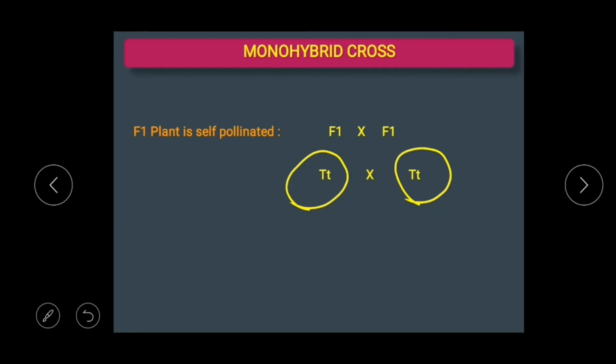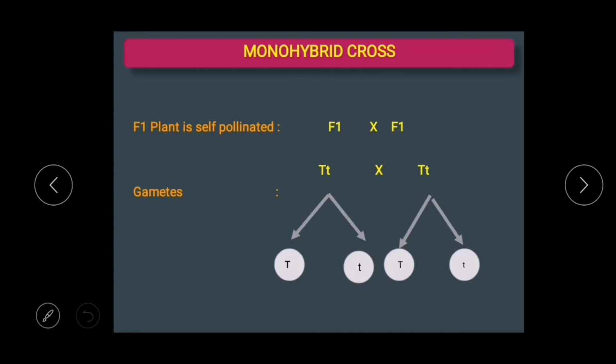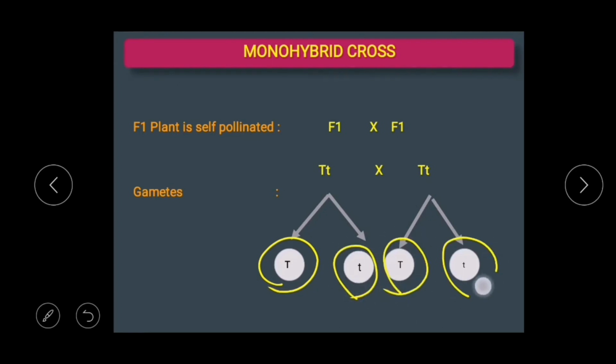Okay, let us see what are the gametes here. Capital T small t produce two types of gamete. One is capital T, the other is small t, and here this plant again produce capital T and small t gamete. Then we will have to find out the F2 generation or second filial generation.